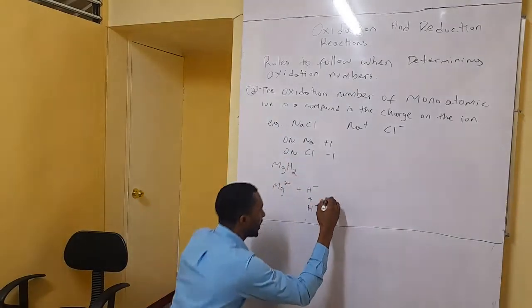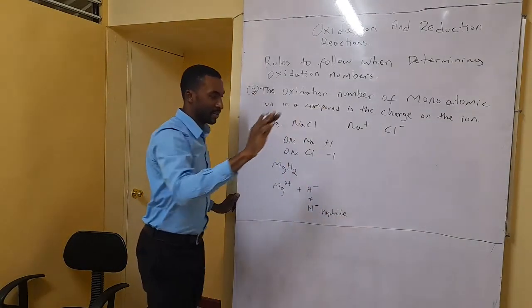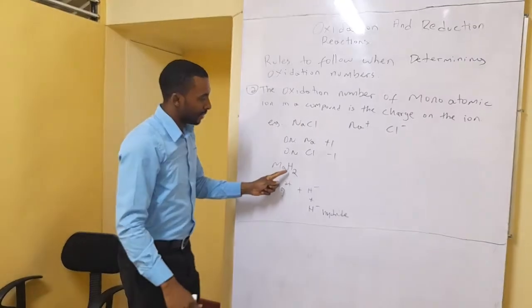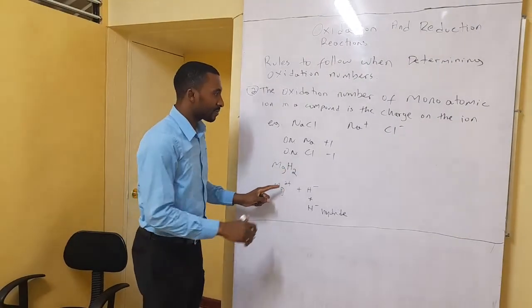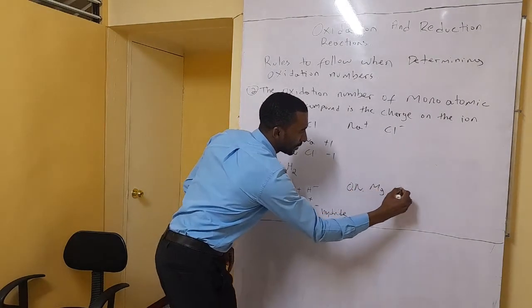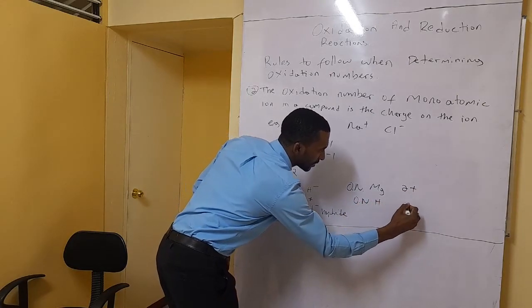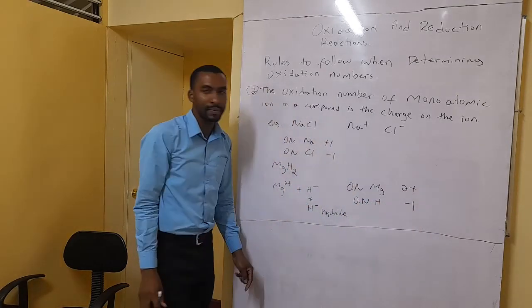So these are two hydride ions, with a -1 charge on hydrogen. So the oxidation number for magnesium in this case is +2, and the oxidation number for hydrogen is -1.